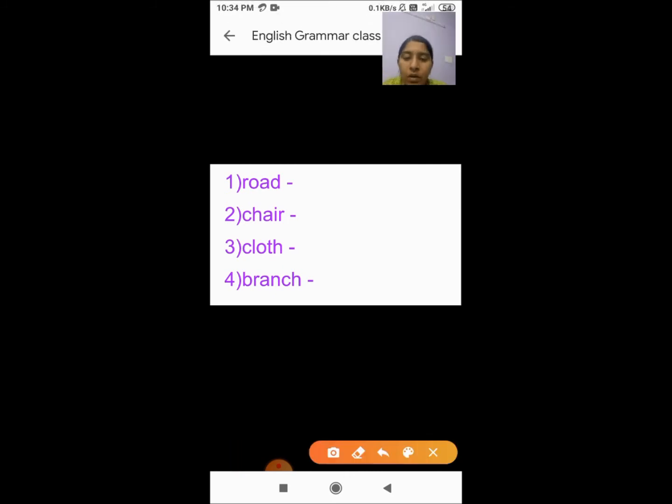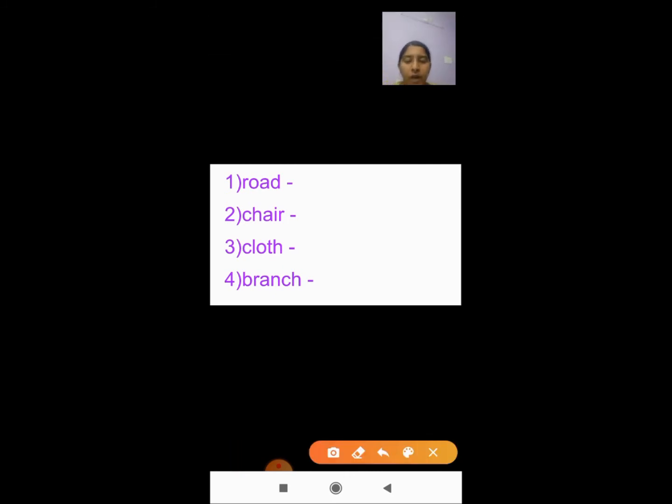Next is cloth is given. So you have to write clothes. We have to add ES here. Cloth, no, cloths, no, clothes.